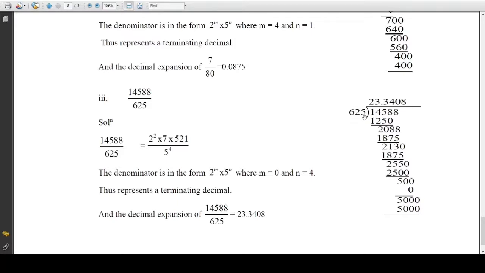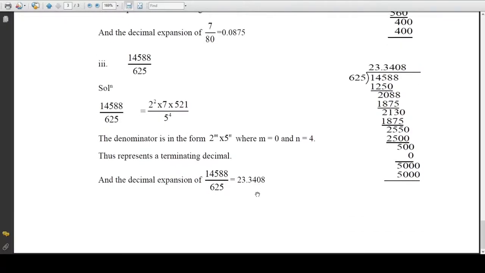Now 625 multiply with how much to become this much? If you go with 8, it will be 5000. That means the division will end here at 23.3408. It means the long division of 14588 by 625 terminates at 23.3408. Clear? Now this is the end of part 6.